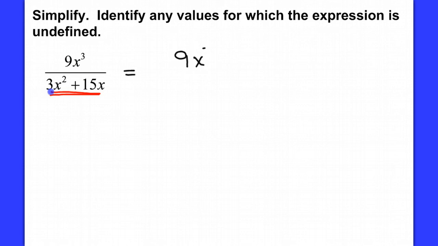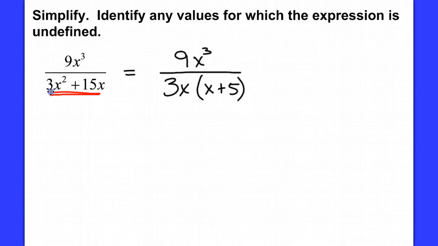So we have 9x to the third over 3x, and that would leave x plus 5. And of course, we should understand that 3x times x plus 5 would give you 3x squared plus 15x. That's where that comes from. So we have that set up, and now that we can do that, we will now look and see if there's anything that can be simplified here in this rational expression.